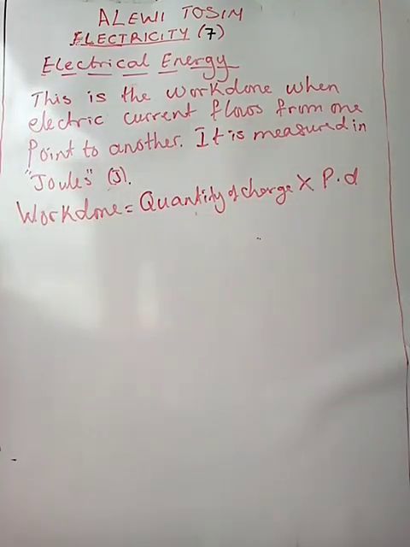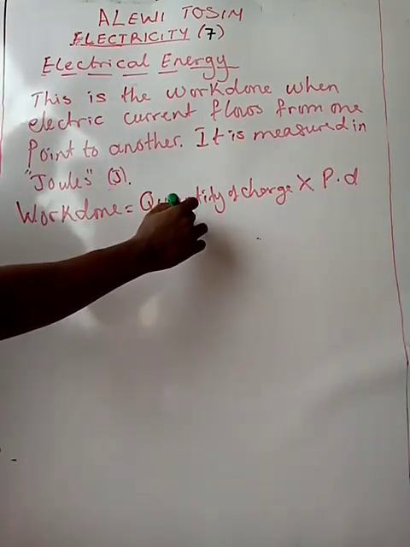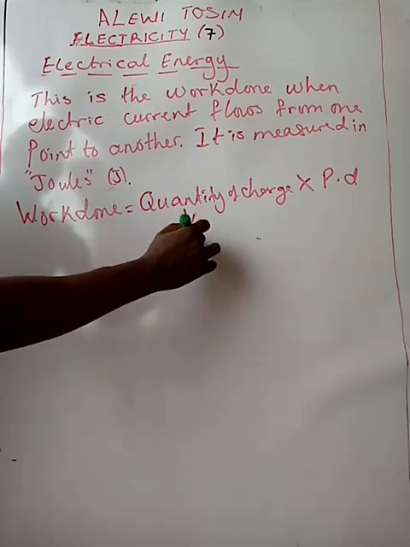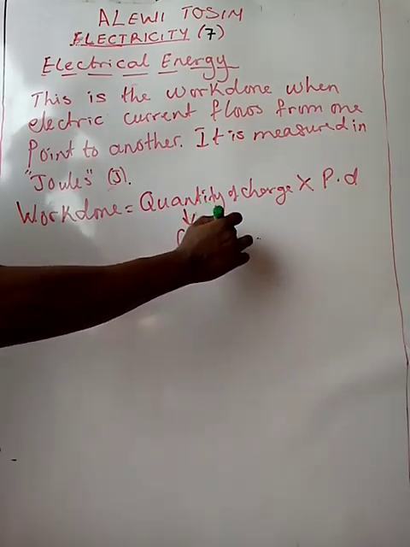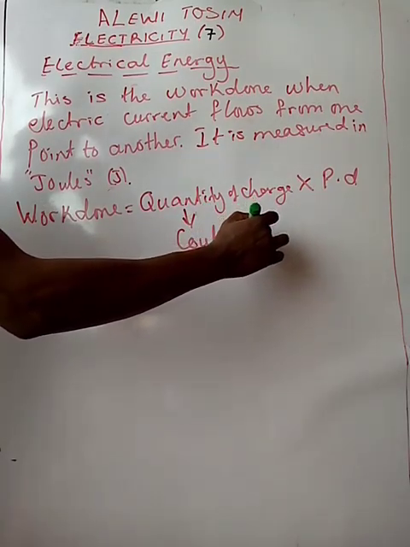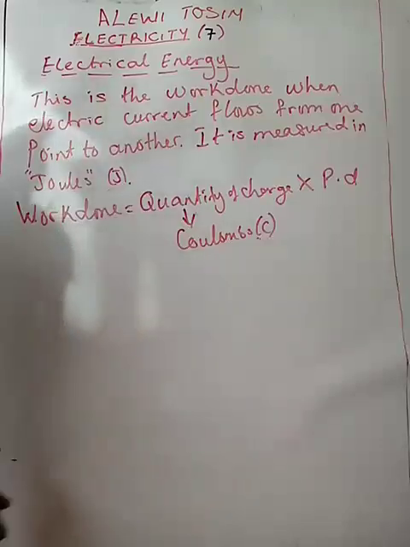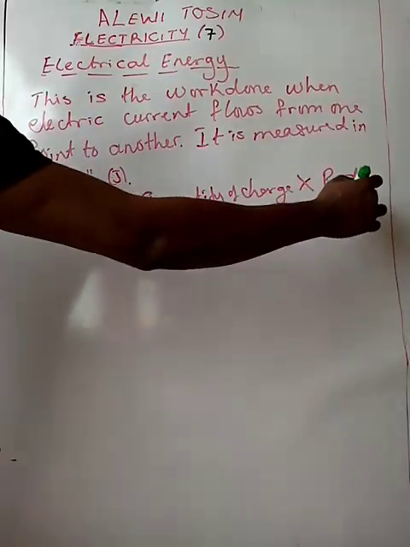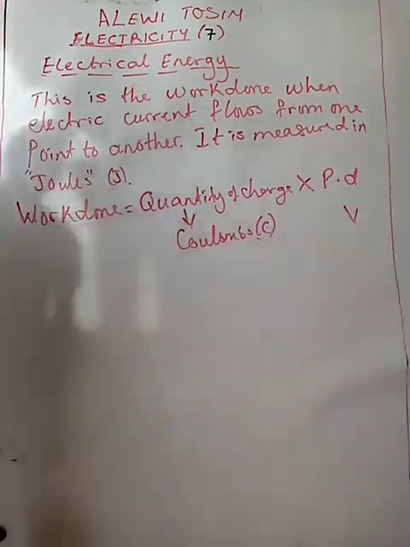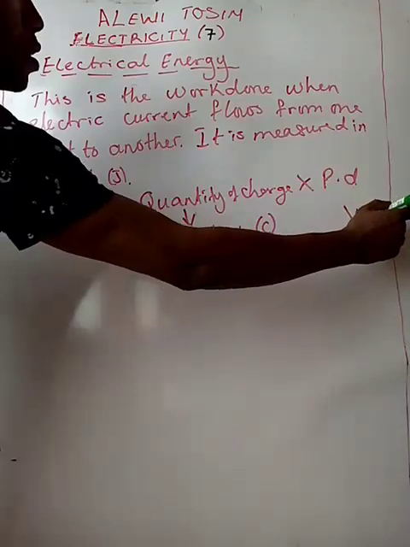Our quantity of charge, like I said, is measured in coulombs, that's C. And our potential difference is measured in volts. I've always said that. In volts, that's V.